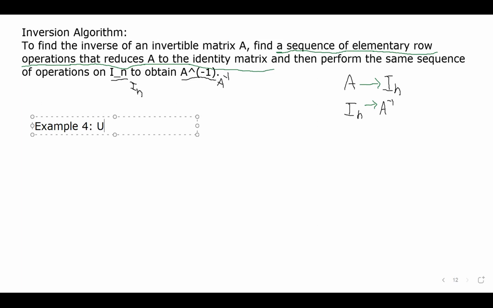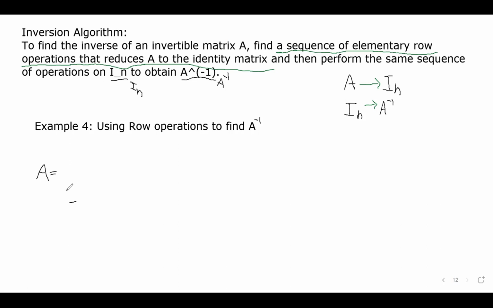So example 4 is using row operations to find A inverse. It's not A, it's A inverse. So I'm just going to write it in here. Find A inverse. Our original matrix is, we want to find the inverse of this matrix.